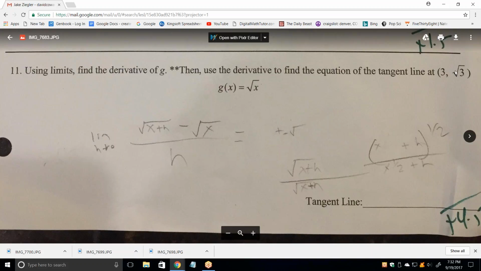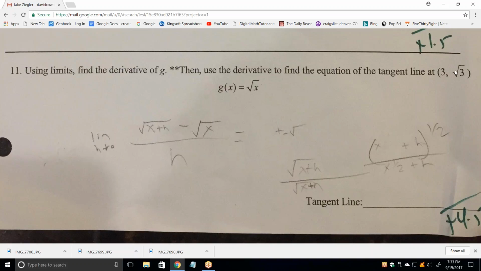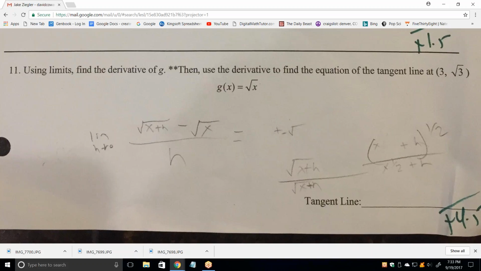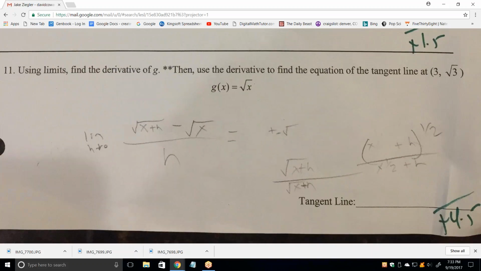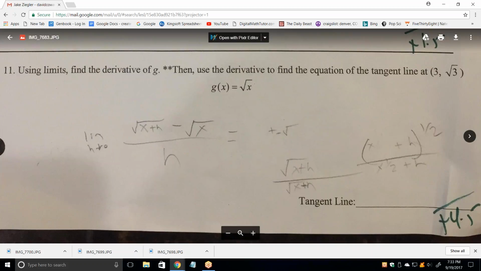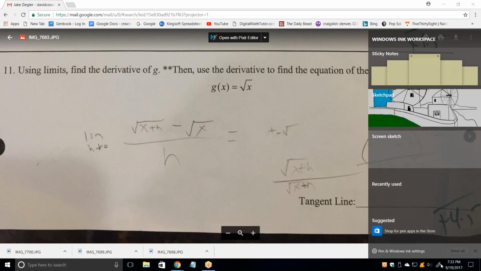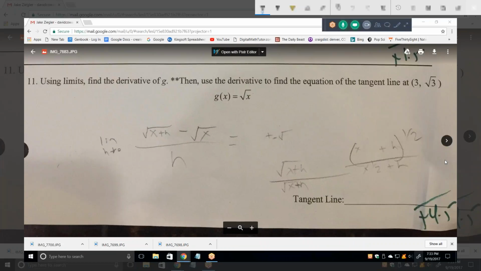So you've set it up correctly here. The function is root x, and it's f of x plus h minus f of x all over h as h goes to 0. Now, how do we solve that? That's a tough one to solve.